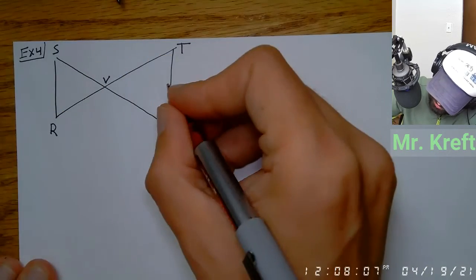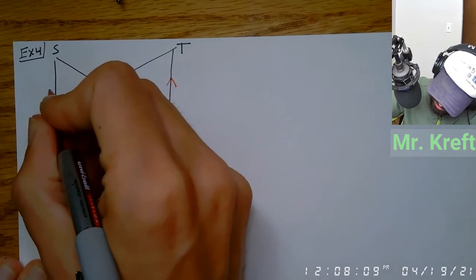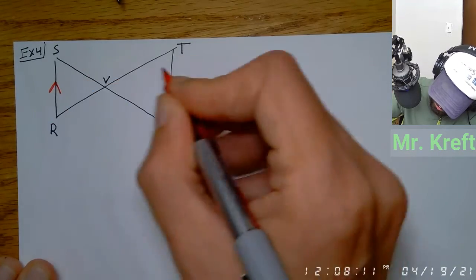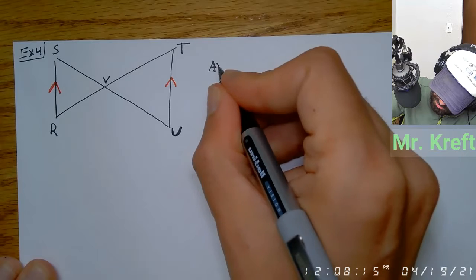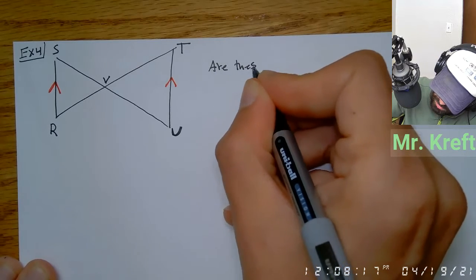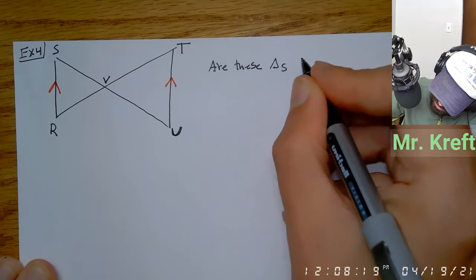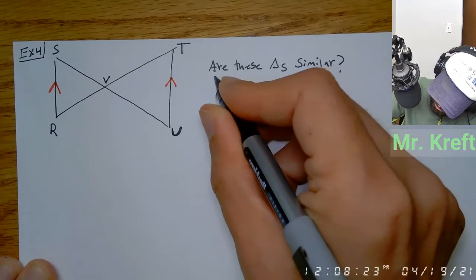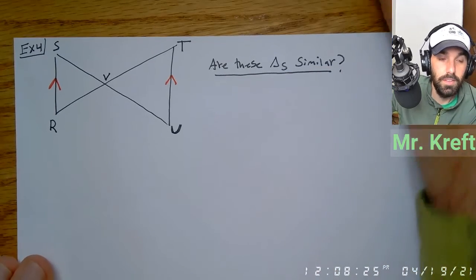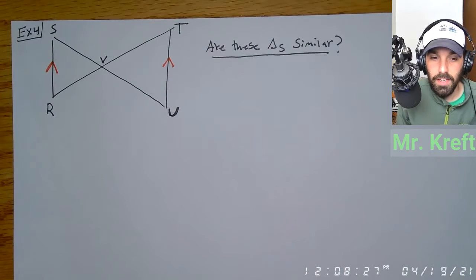And all I'm going to add here is parallel lines. So I'm going to say, are these triangles similar? Okay, so we got a bow tie problem.